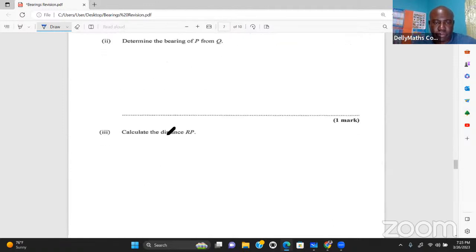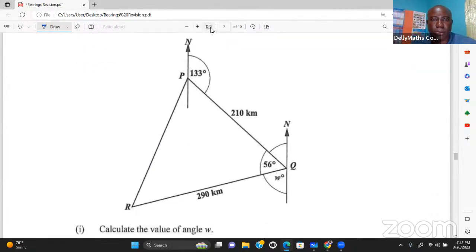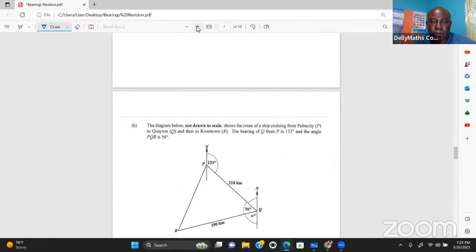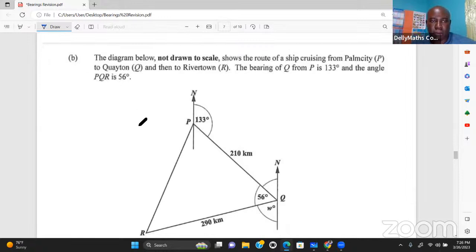So this is another question, right? It says here, the diagram below, not drawn to scale, shows the route of a ship cruising from Palm City P to Quantown Q, and then to Rivertown R. The bearing of Q from P is 133, and you're looking at that measurement, and the angle PQR is 156.